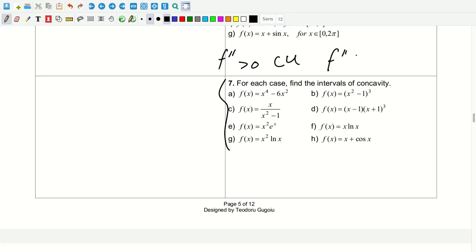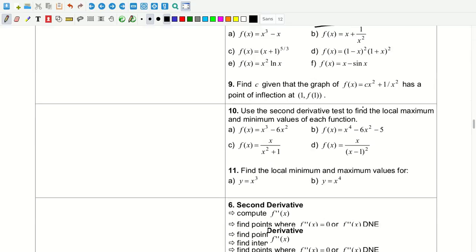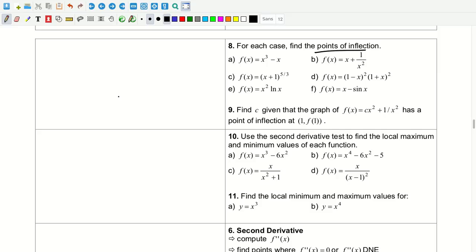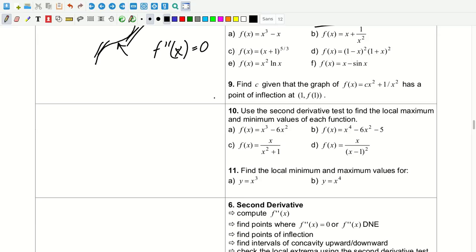If the double derivative is less than 0, it's concave down, stuff like that. Points of inflection, right? Graphically, points of inflection are when you have a change between concavity, right? So this point would be a point of inflection where it's concave up over here, concave down over here, right? So it's where the second derivative is equal to 0. Okay, that would be a point of inflection.